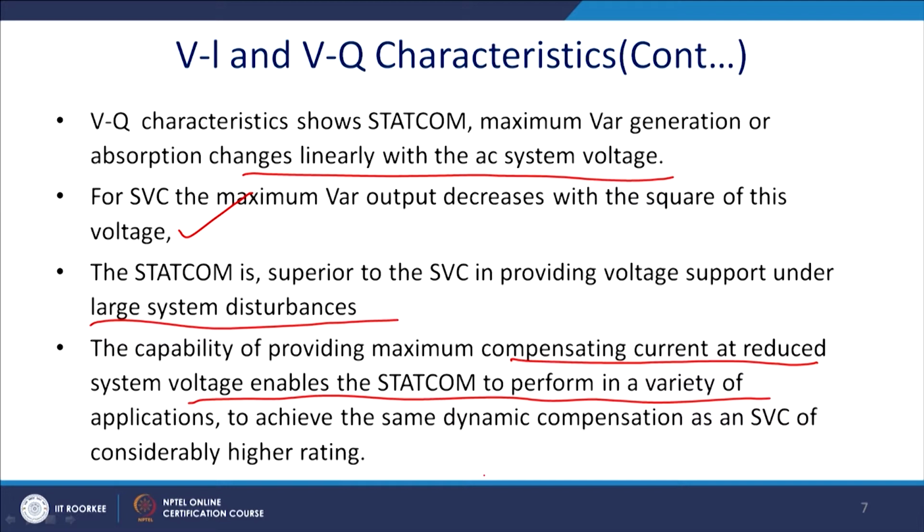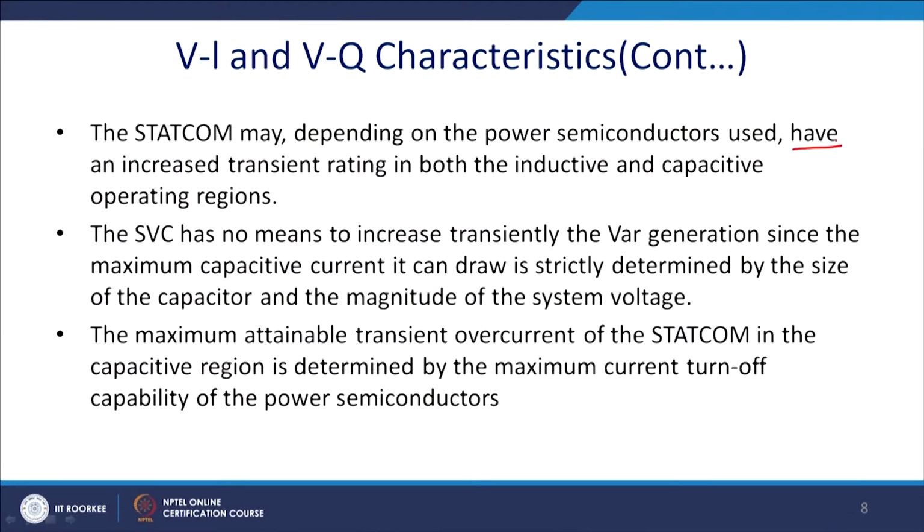So, in this case also STATCOM is superior in compensating the more reactive power. Now, what else? STATCOM may, depending on the power semiconductor used, have an increased transient rating in both the inductive and the capacitive region, because depending on the rating you have limitations on the switches.